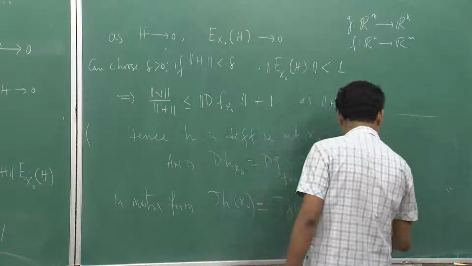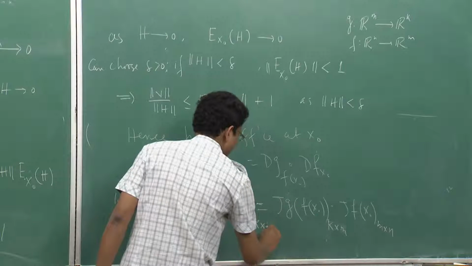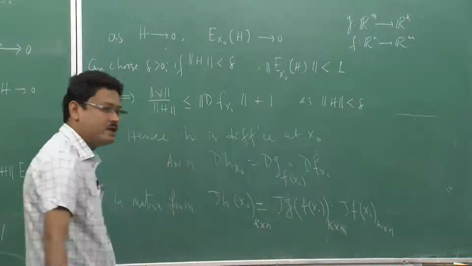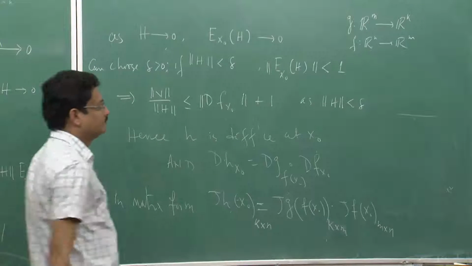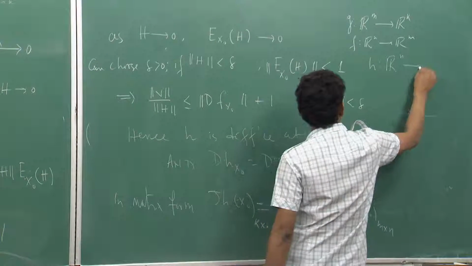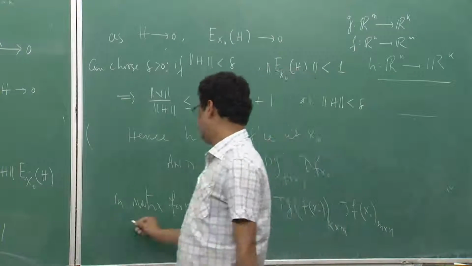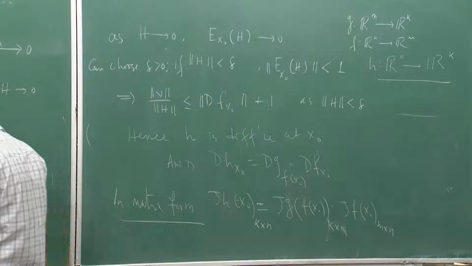So, the product is a k cross n matrix, that is okay because h is from R n to R k. Okay. That is the chain rule.